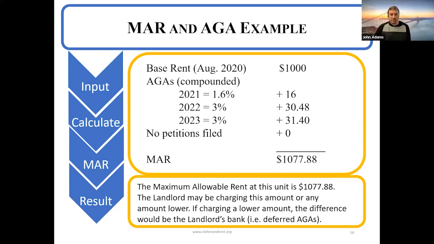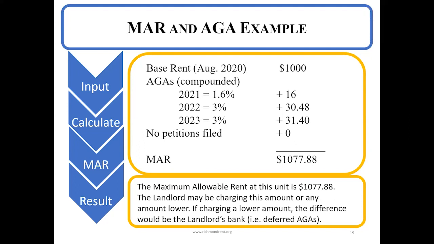If the landlord was charging lower than this amount, that difference would be the landlord's bank. Si el propietario cobraba menos de esta cantidad, la diferencia sería puesta en su banco.